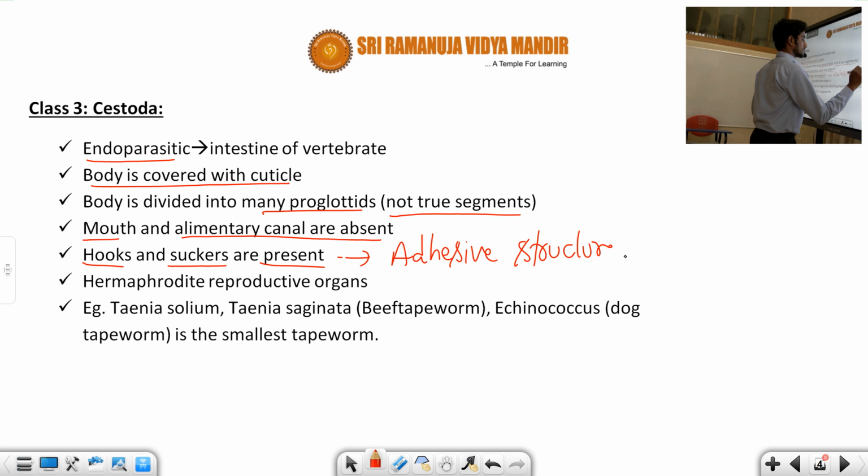So this is responsible for attachment only. It is not responsible for ingestion of food material. Next, it is also hermaphrodite. That means both male and female organs are present.